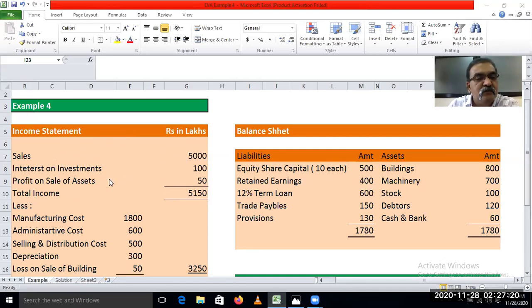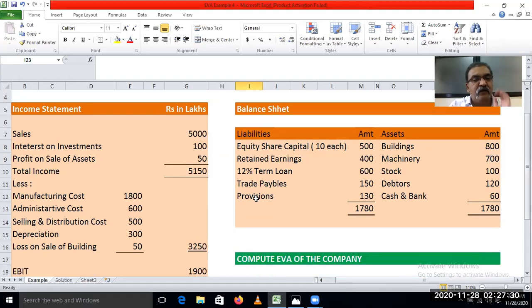Sales 5,000, interest on investment 100, profit on sale of asset 50, total income 5,150, less manufacturing cost 1,800, administrative cost 600, selling and distribution cost 500, depreciation 300, loss on sale of building 50.